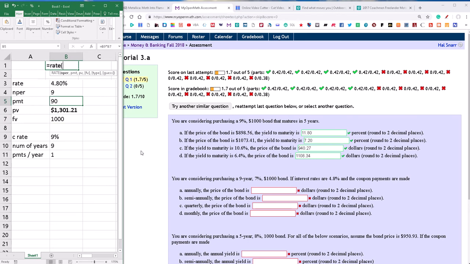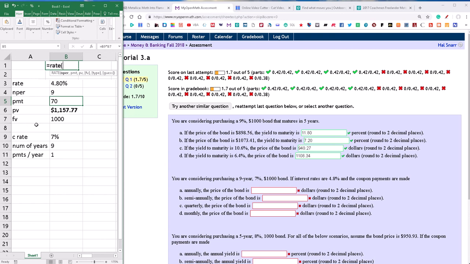Okay, another thing we have to do is figure out the coupon. The coupon rate is 7%, the term is 9 years, and the face value is 1,000. The annual payment is $70. But this $70 payment is being spread out over the course of the number of payments.